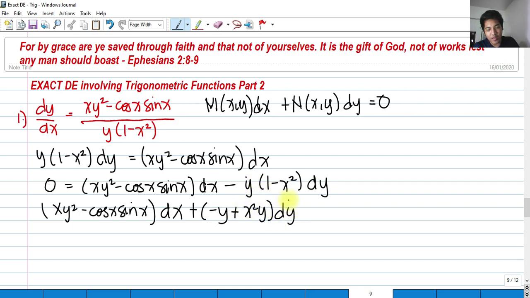I've only distributed the negative to y so that it would become plus. It would look like this. This would be our M in terms of xy, and this would be our N in terms of xy.